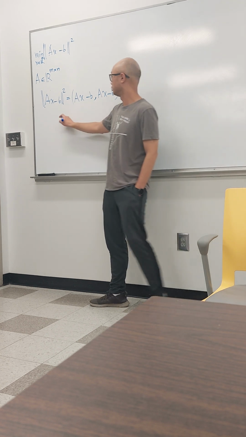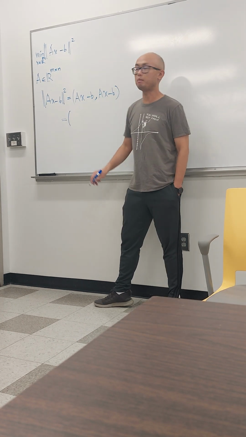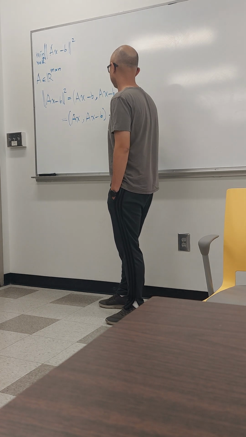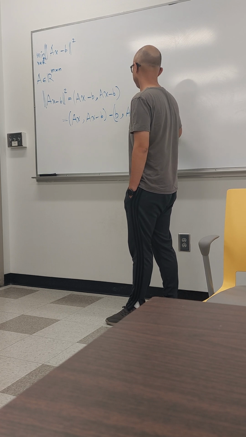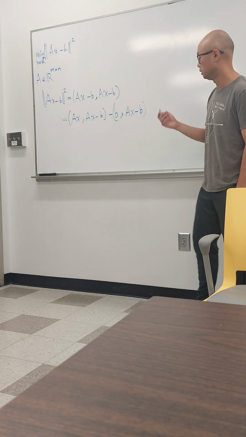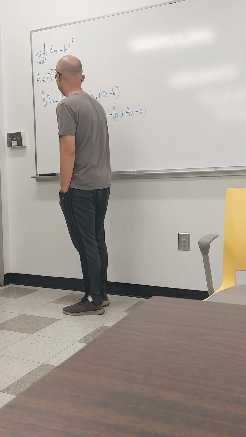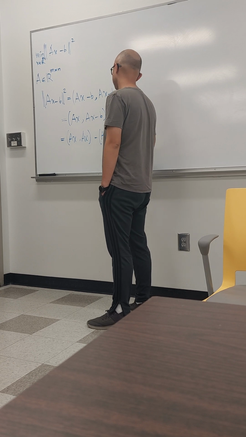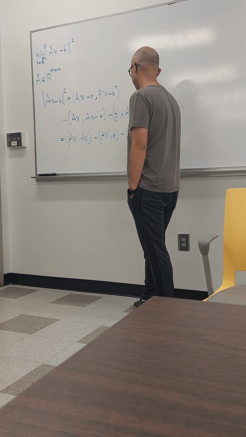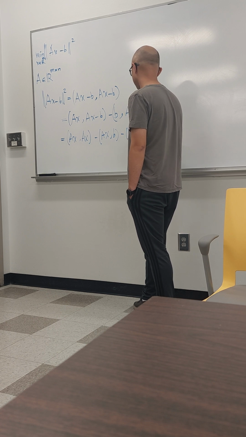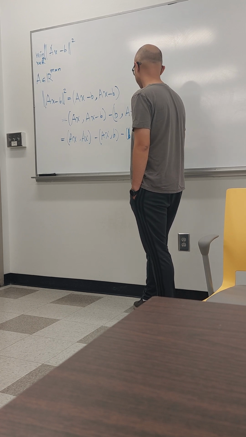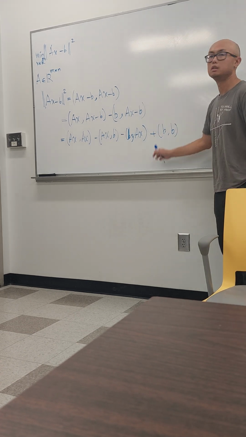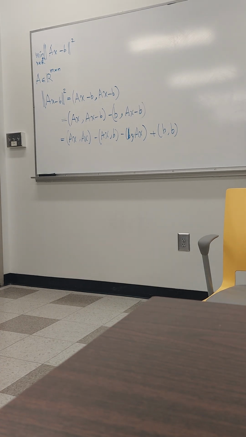For example, if we want to do it step by step, this is AX minus B, inner product with AX minus B. And this is AX inner product with AX, subtract AX inner product with B, subtract B inner product with AX, plus B inner product with B. So we're minimizing this.